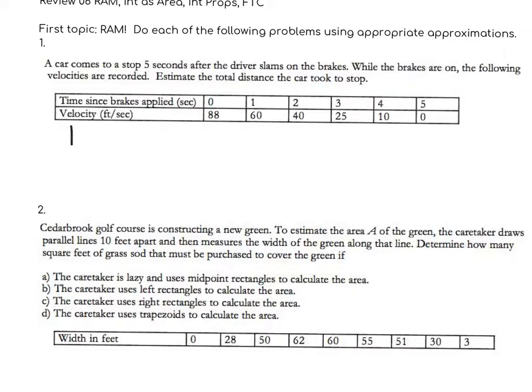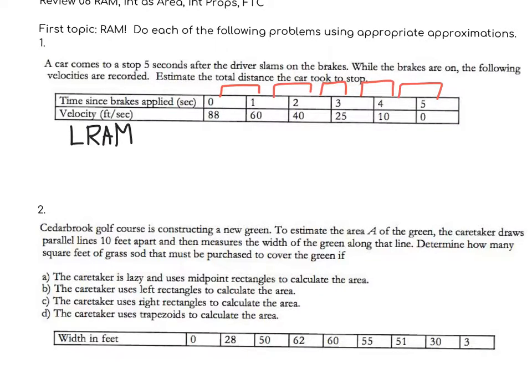For this one, I might choose left rectangles, and I just might choose that because, I don't know, it makes sense to me. The big idea here is that we're going to use the left coordinate of each rectangle for the height, and we're going to use the width of each interval as our bases. So each of these intervals is broken up into a 1 second segment.